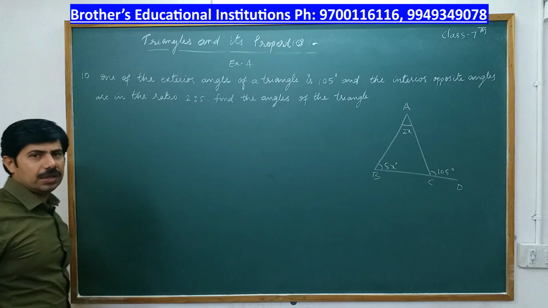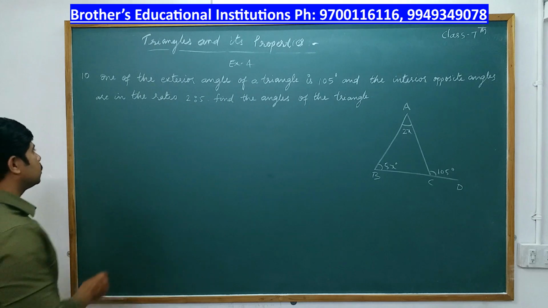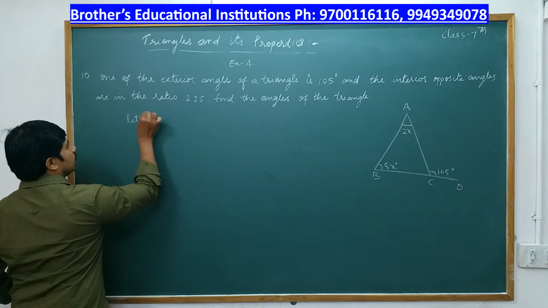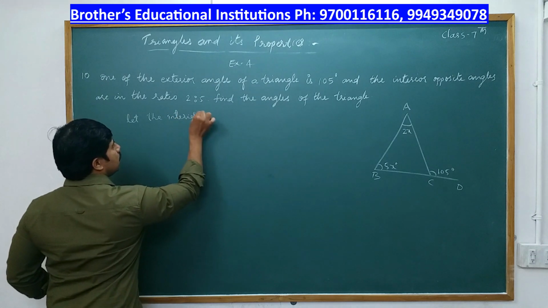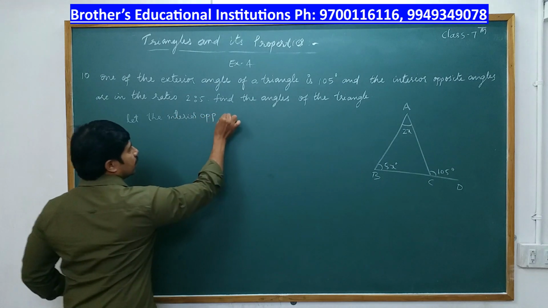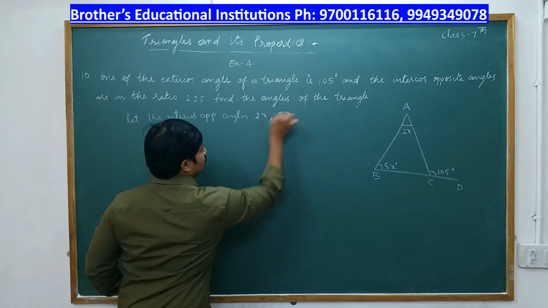Now we can find the interior opposite angles, that is angle A and angle B. So before this, what we do, we let the interior opposite angles be 2x and 5x.